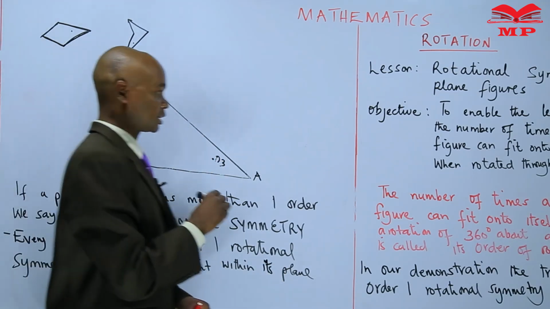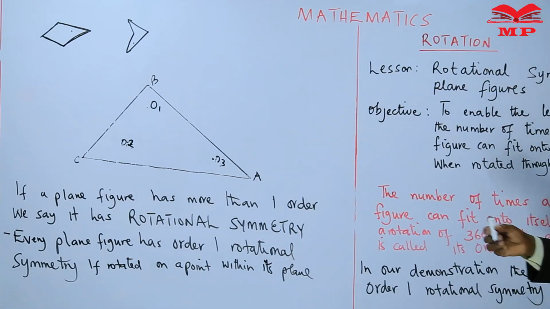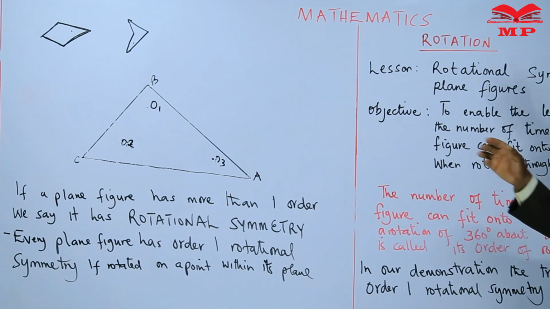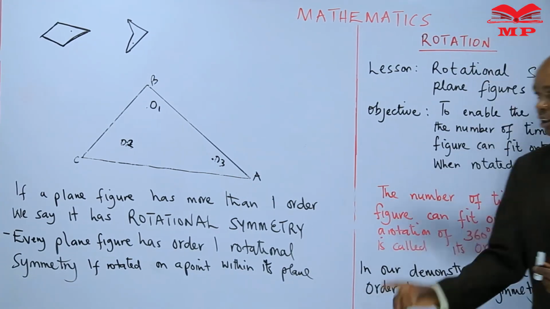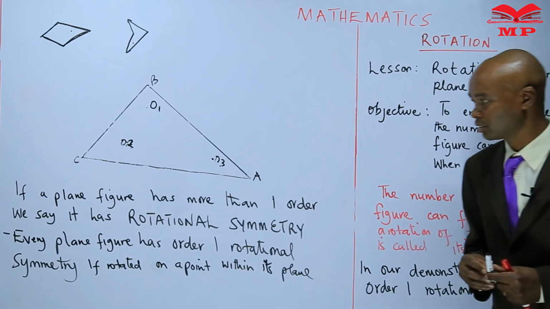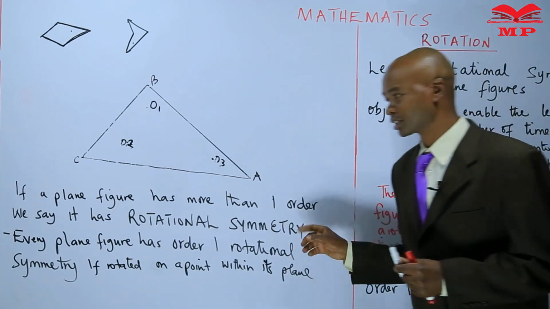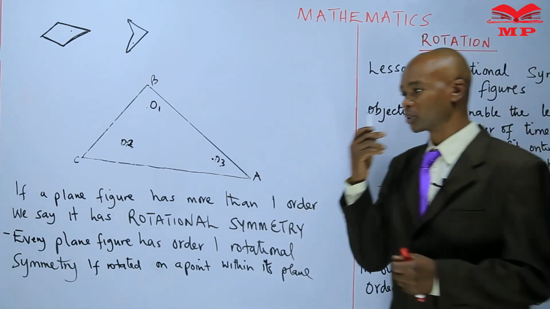So the point of rotation should be within its plane. Most plane figures will have order 1 rotational symmetry. If a plane figure has more than one order, we say it has rotational symmetry.